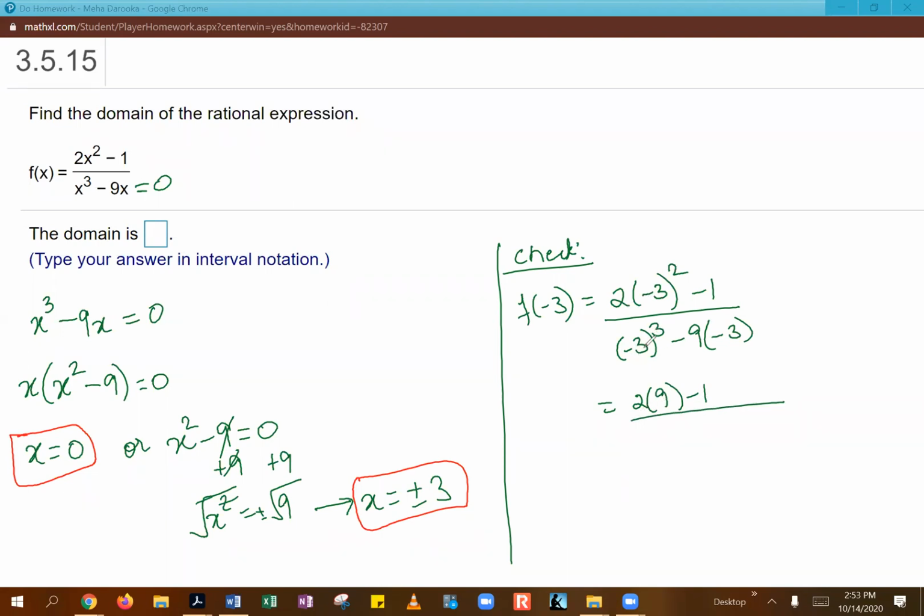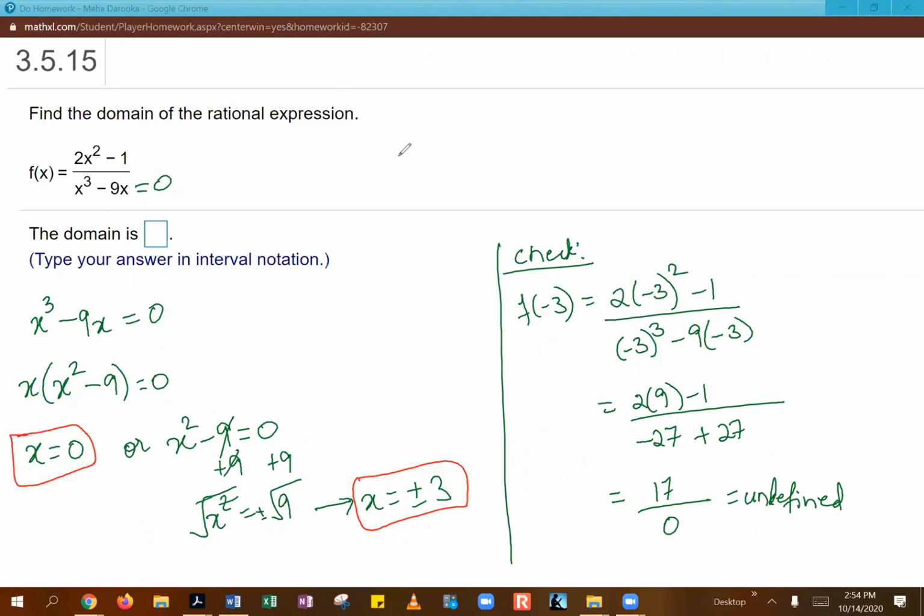And then -3 cubed on the denominator will give us -27. -9 multiplied with -3 will give us +27. So as you can see, we'll end up with 9 times 2, which is 18. 18 minus 1 is 17. And then plus 27 minus 27 will end up giving us 0, which we know is going to be undefined. And the same thing will happen if you tried with +3 or 0 in this case.